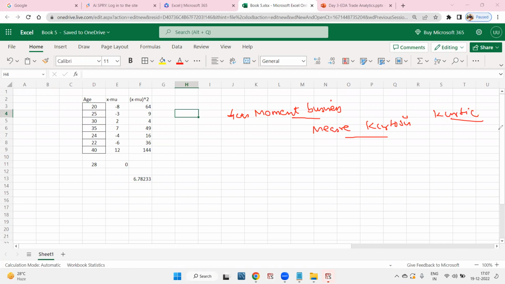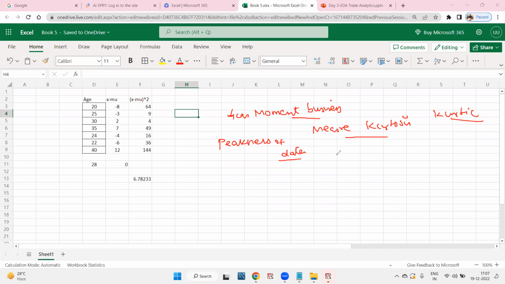What is kurtosis? Kurtosis means weakness of data.